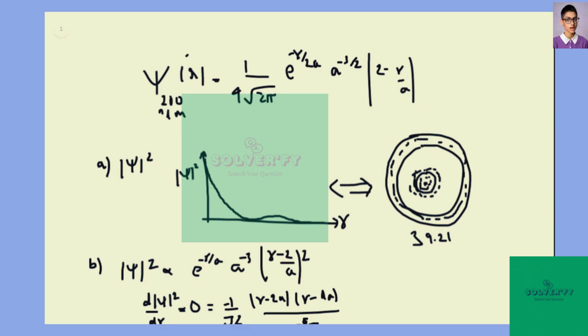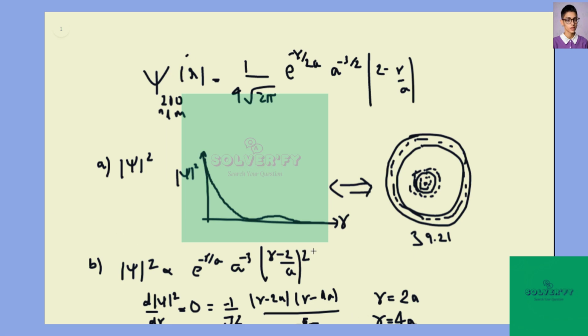It has two roots. The two roots are r equal to 2a, which is when this term goes to 0, and then there is another one which is r equal to 4a. So we were right that we have a maxima at r equal to 4a.